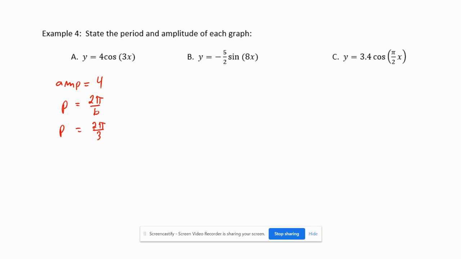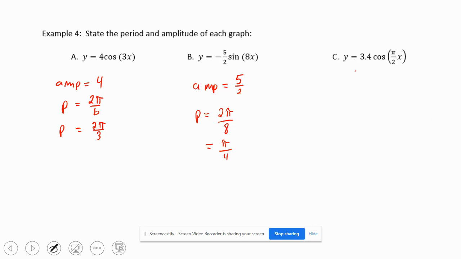For part b, our amplitude is just going to be 5 over 2. Even though the a value is negative 5 over 2, when we're describing the amplitude we say amplitude is 5 over 2, but there's also been a vertical reflection. If I'm asking for the amplitude, it's just 5 over 2. Our period is 2 pi over 8, which is pi over 4.